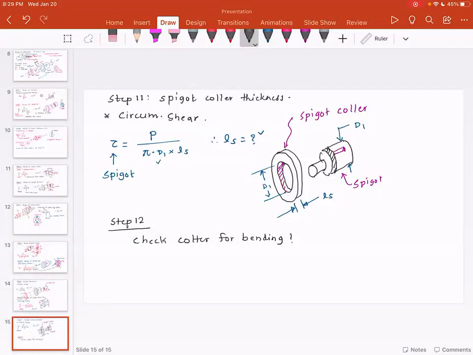What I'm going to do is draw the whole assembly. So you have the spigot. This is the front view. Then you have the socket.